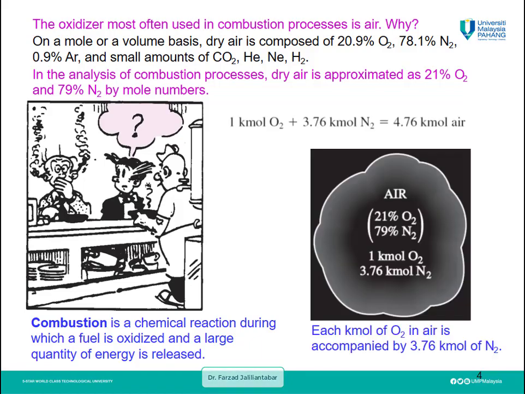And as I said before, air is about 79% nitrogen and 21% oxygen. In other words, for 1 kilomole of oxygen, we have about 3.76 kilomoles of nitrogen, and in total we have 4.76 kilomoles of air.